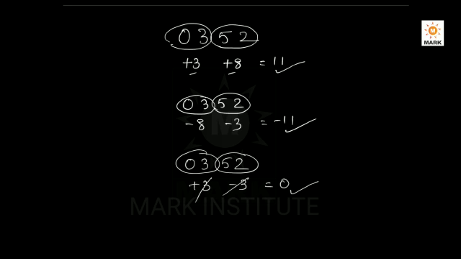Friends, now I am taking a 5-digit number. The number is 25,916. This is a verified number. So we shall make pairs. 16 is a pair, 59 is a pair. We will put 0 because it does not make any difference. 02 is a pair.